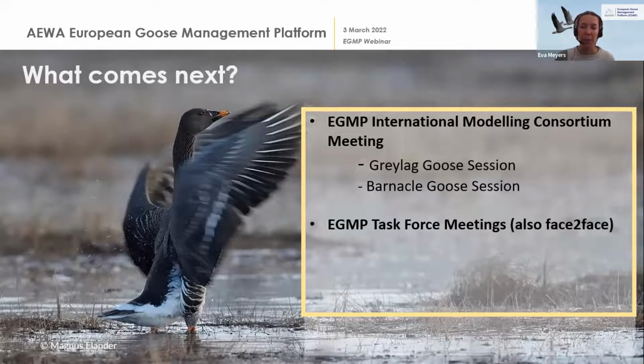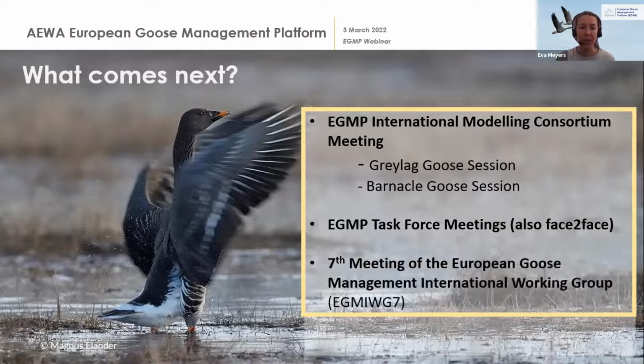There's also a series of task force meetings right now. Almost every week we're having one task force meeting at the moment virtually, and if the pandemic allows, there's going to be a face-to-face meeting of the task forces as well, all of them jointly together, and back-to-back with the International Working Group meeting, which is happening in June this year as well.